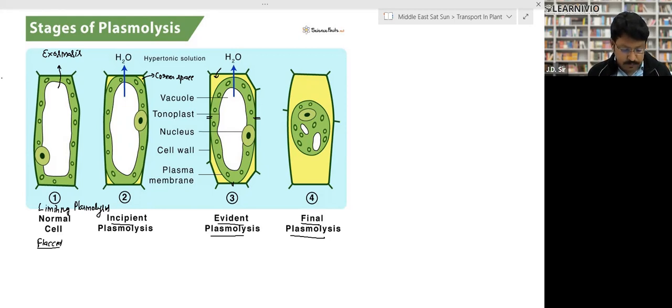Full stop. This is the first stage of plasmolysis, called limiting plasmolysis.